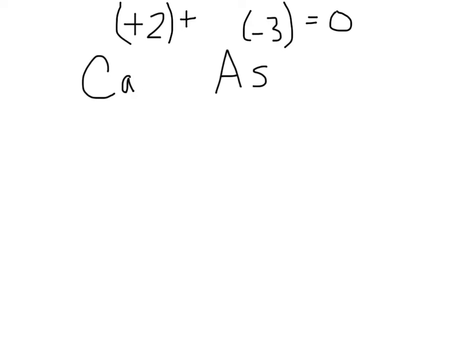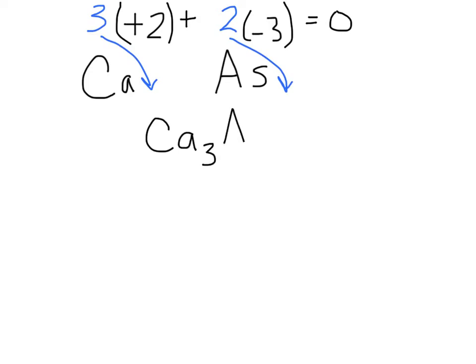So to get 2 to 6, I'm going to have to times it by 3. And to get a -3 to a -6, I'm going to need to times it by 2. Now that will tell me how many calciums and how many arsenics I need. And so when I write the formula for calcium arsenide, I would write Ca3As2. And that's what I would write.